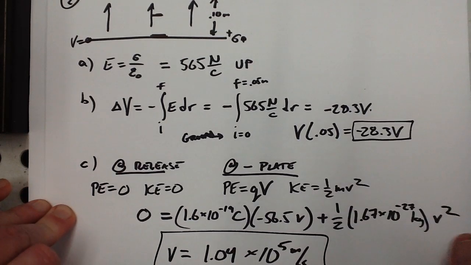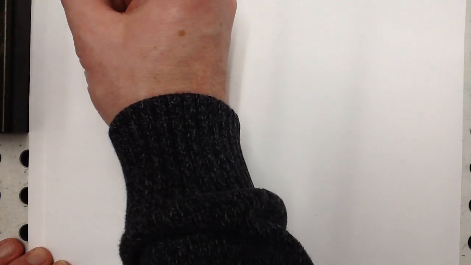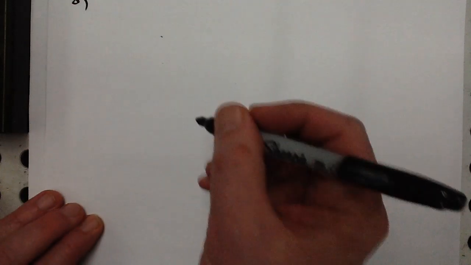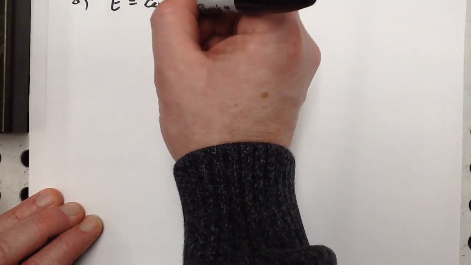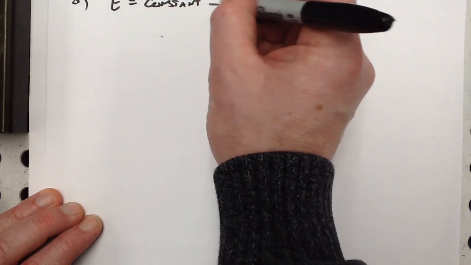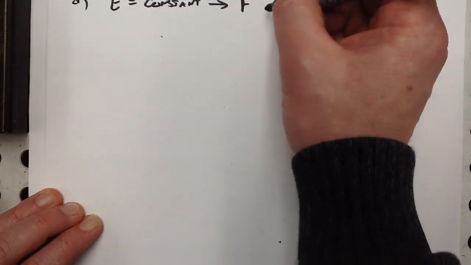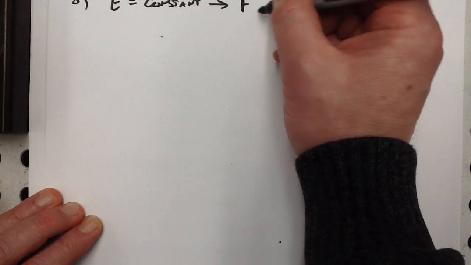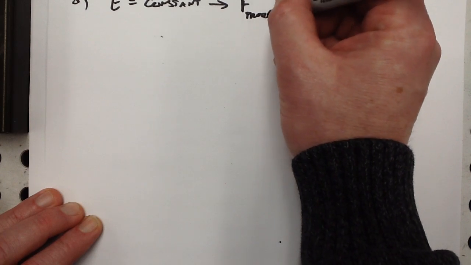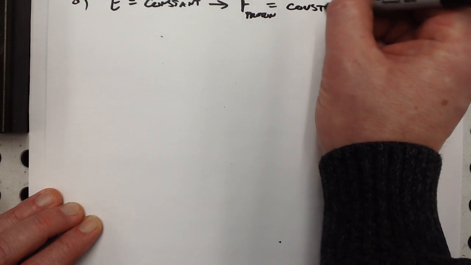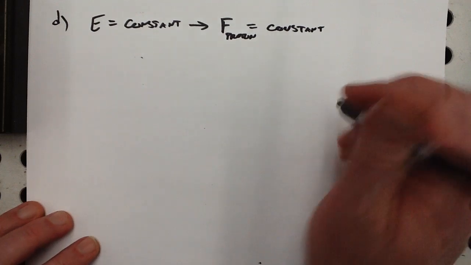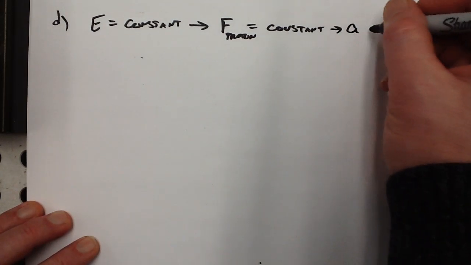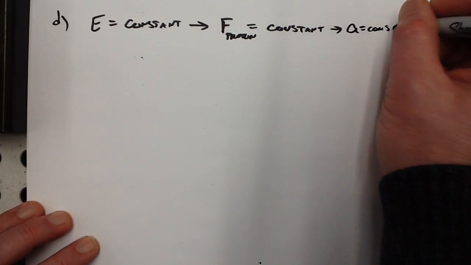All right. In part D, because the electric field is constant, that means that the electric force on our proton is constant, and that means that acceleration is constant.